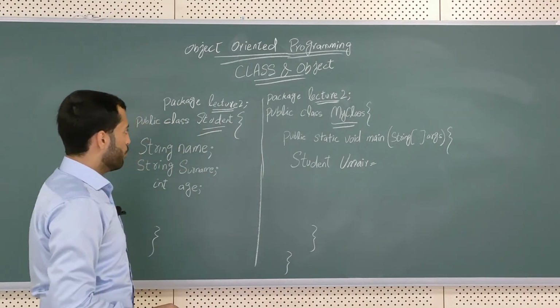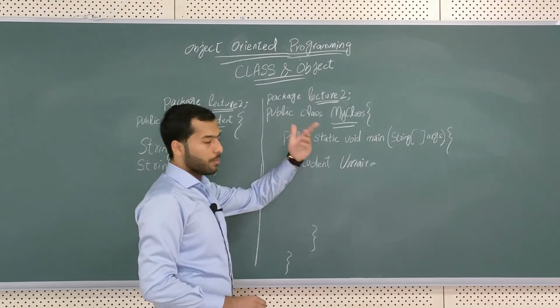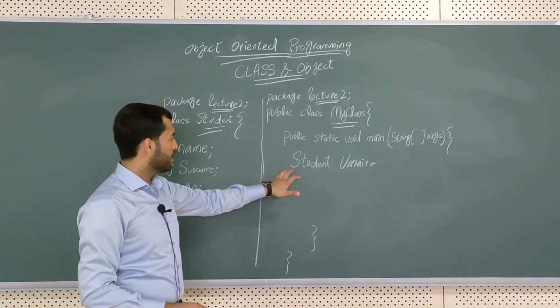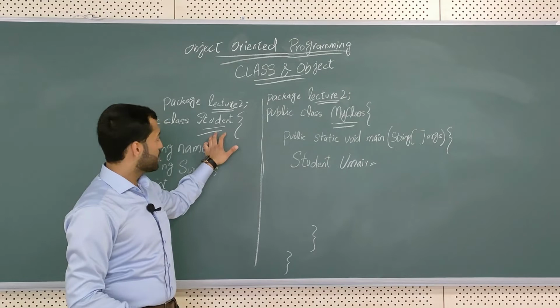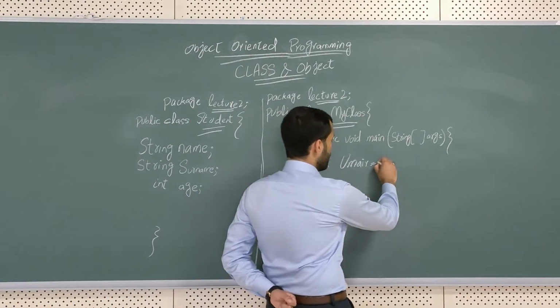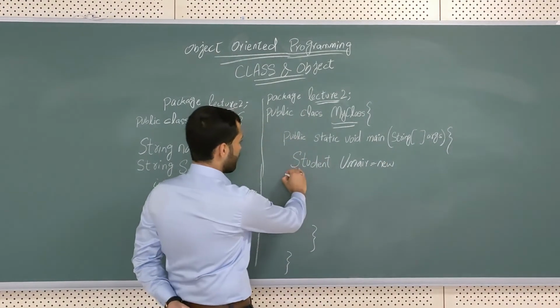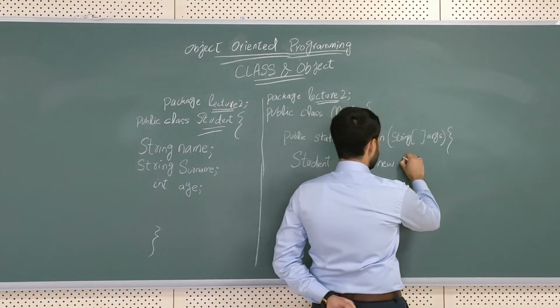Now it means that we have one student. In that student class, we have a student whose name is Umair, for example. Then I will write here new, and after that, I will write the same name again.